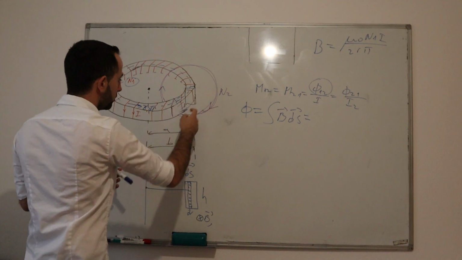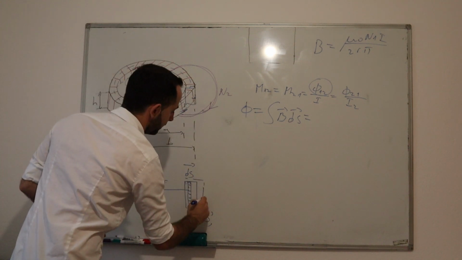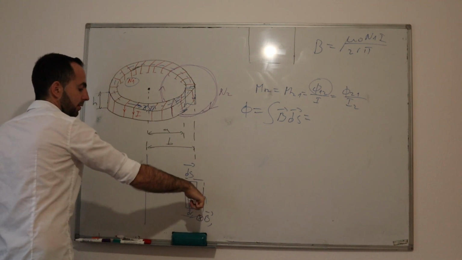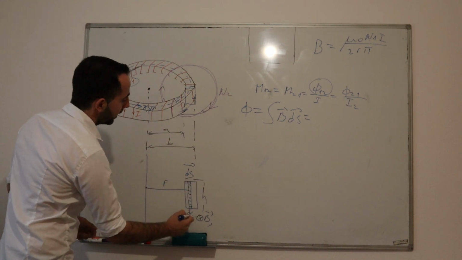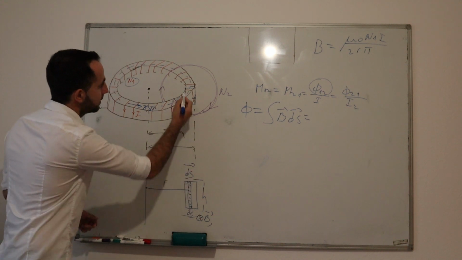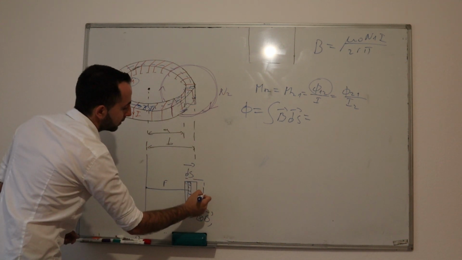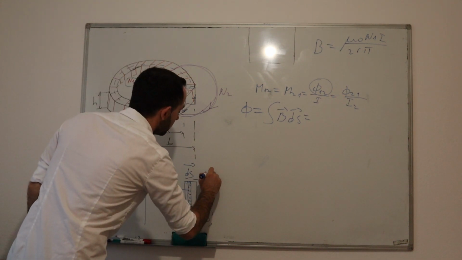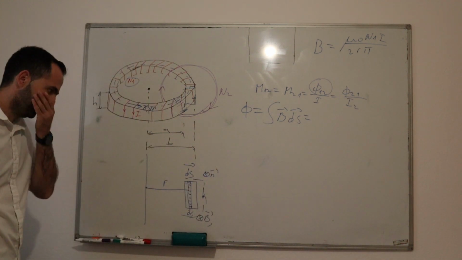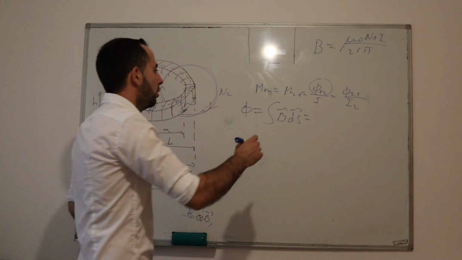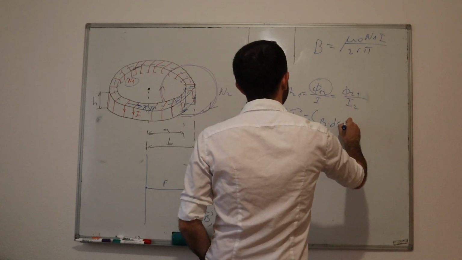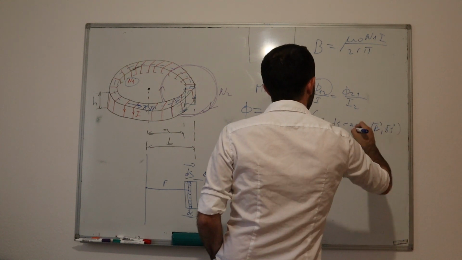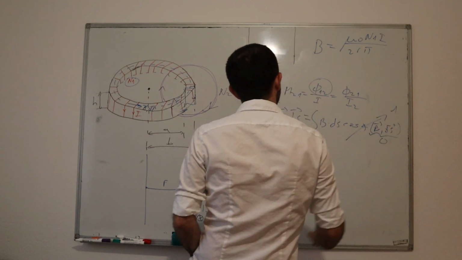So here the conductor goes this way, so we have this direction of current, which means the direction of dS is also from you to the table. So this is B times dS times the cosine of the angle between these two, which is 0. Cosine of 0 is 1.